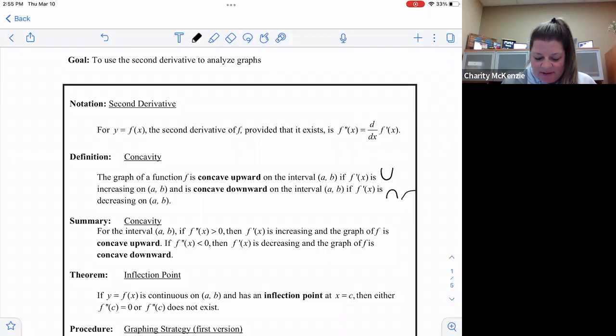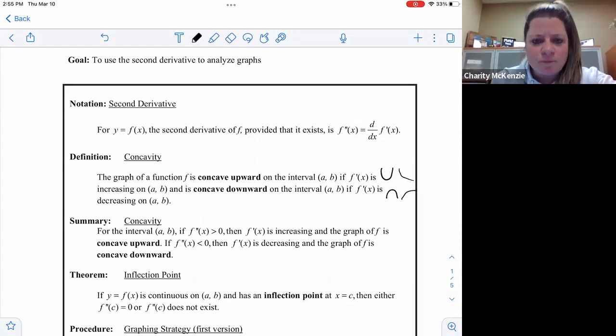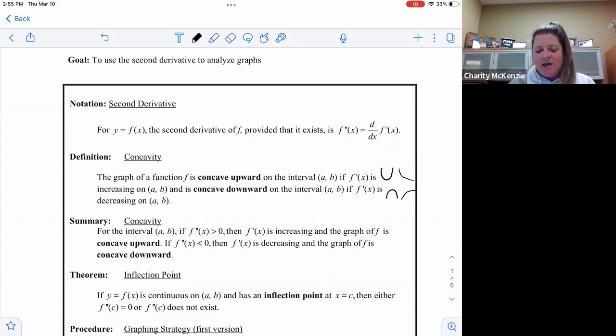Concave down could also look like this, or concave up could kind of look like this. So it doesn't have to be like the full U parabola shape, but concave up, concave down is kind of what we're looking at. So right now we can look at that derivative and we can see where something's increasing and decreasing, critical values. And then now we're going to add this concave.